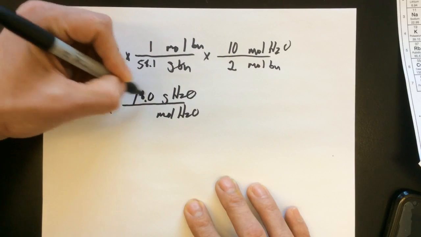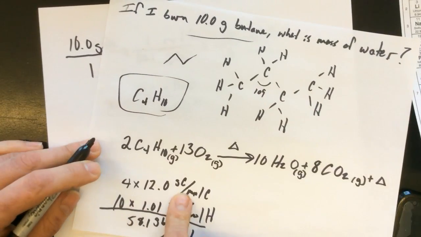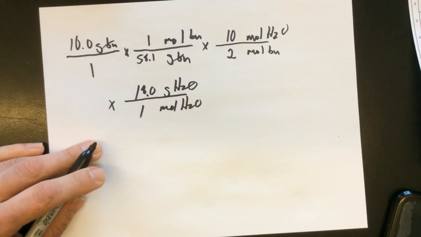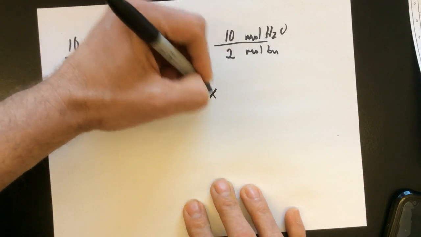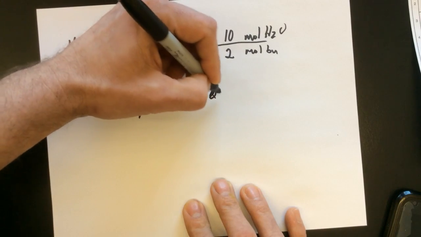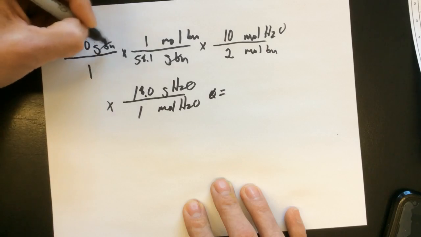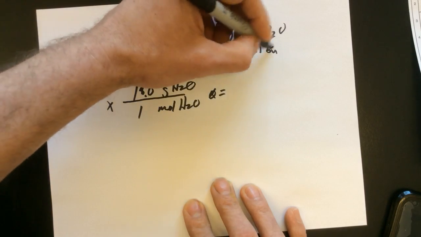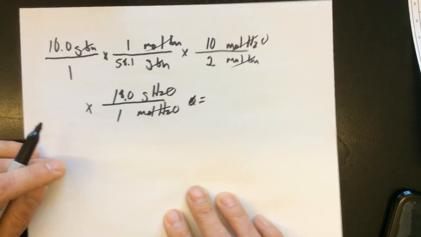And it's 18.0 grams per 1 mole. Do the math similar to this: 1 oxygen, 2 hydrogens to 3 sig figs. Sorry, I don't need to do anything after that. And then I just need an equal sign, noticing units cancel. Grams of butane cancel, moles of butane with moles of butane, moles of water with moles of water. I'm going to get grams of water.